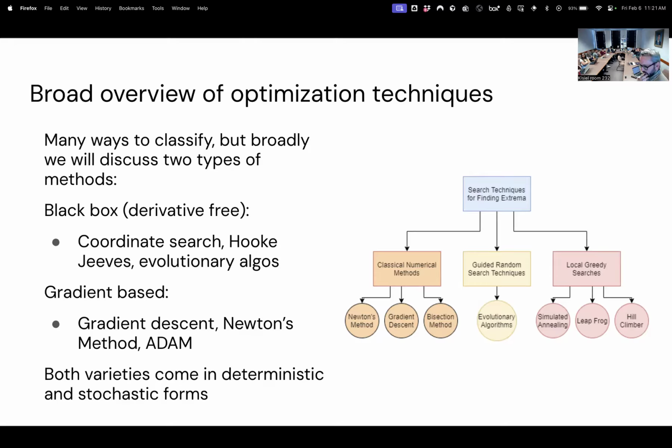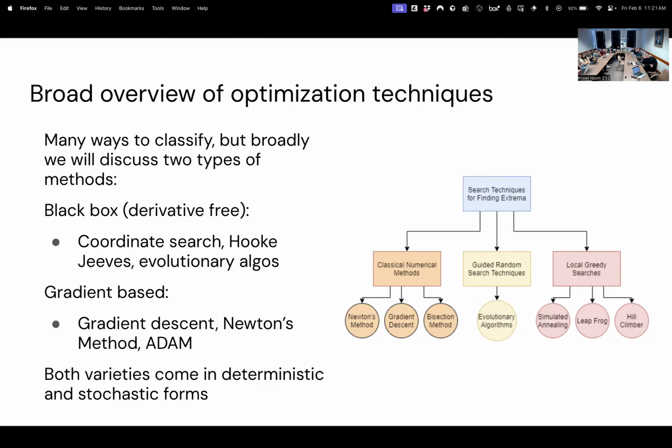Local greedy searches are where you just look around you and choose the best you can. Evolutionary algorithms I'll talk about in a second. And then there are more classical numerical methods, which are basically all derivative based. I guess the bisection method is technically not, but we're not going to talk about it too much.